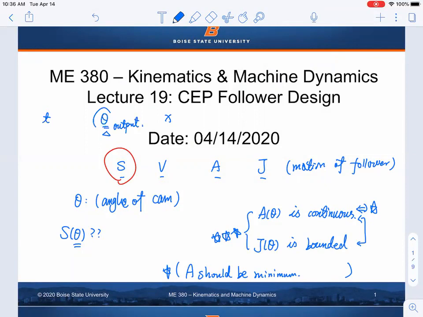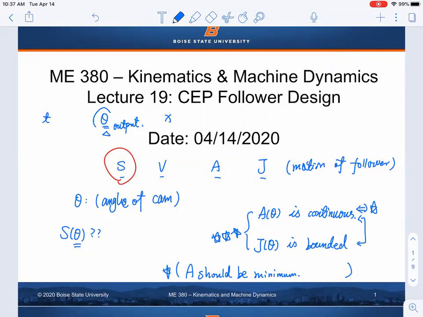But usually when your customers talk to you, saying, okay, I want to design a cam that outputs certain velocities, they're going to give you those design requirements in the time domain. For example, I want 10 meters per second. I want it to reach 10 meters in 1 second. In the next second, it maintains 10 meters.